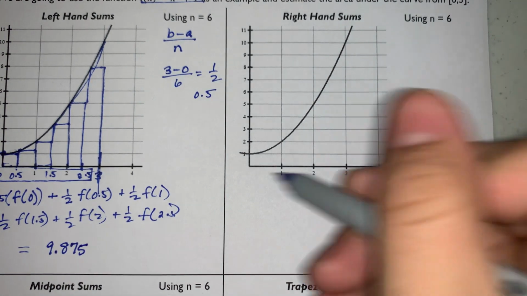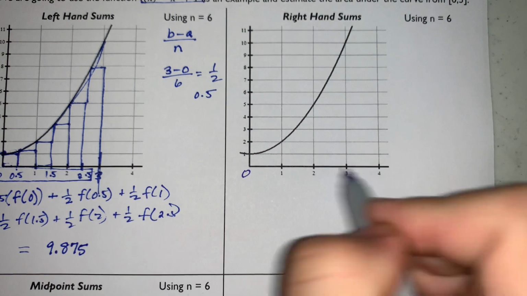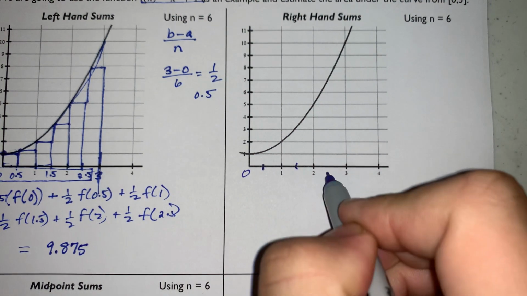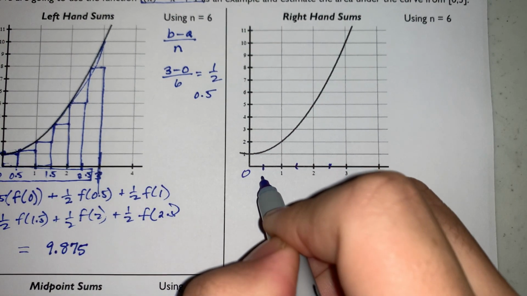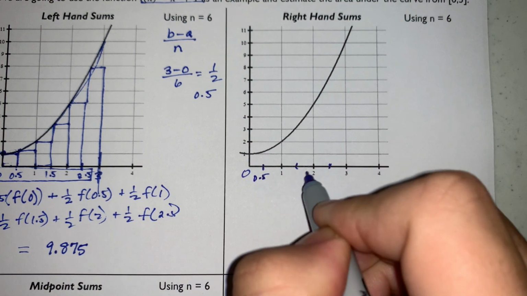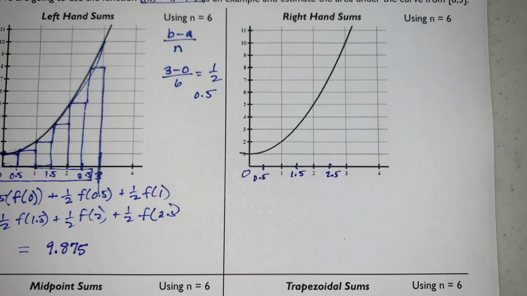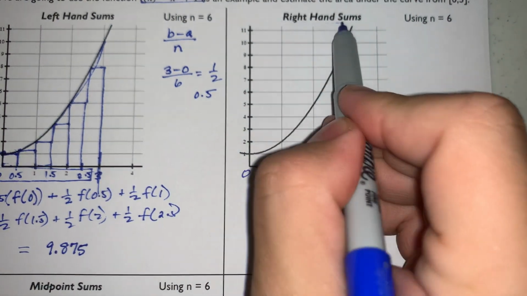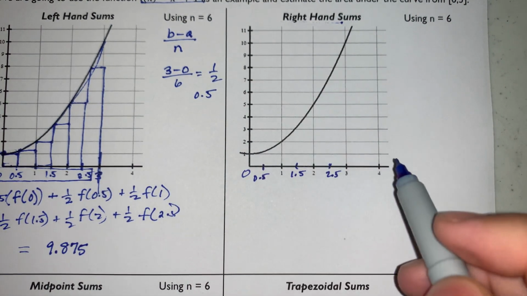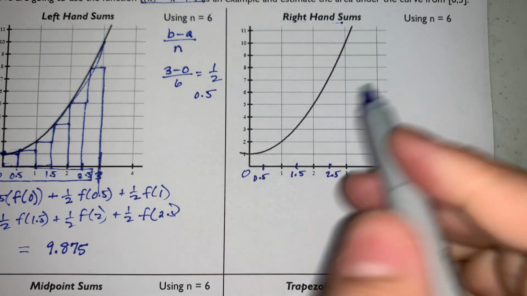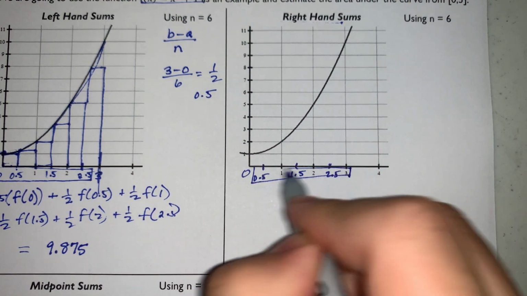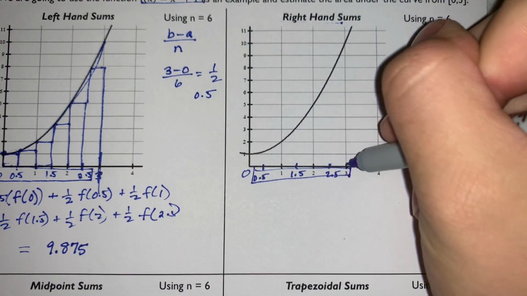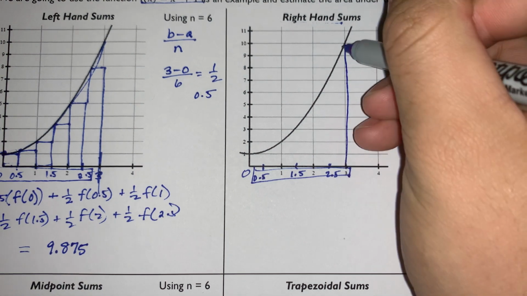But anyways, now we're going to do the right-hand sum. So again, it's from 0 to 3. My little sub-intervals are going to be from 0 to 0.5, 1, 1.5 to 2.5. All right. But now, when we're talking about right-hand Riemann sums, we're going to create rectangles on the right-hand side, or the right-hand intervals, right? So I'm going to start with 3, and I'm going to draw my rectangle there.